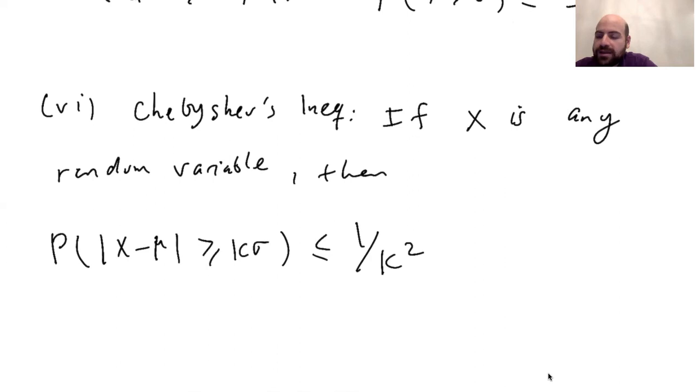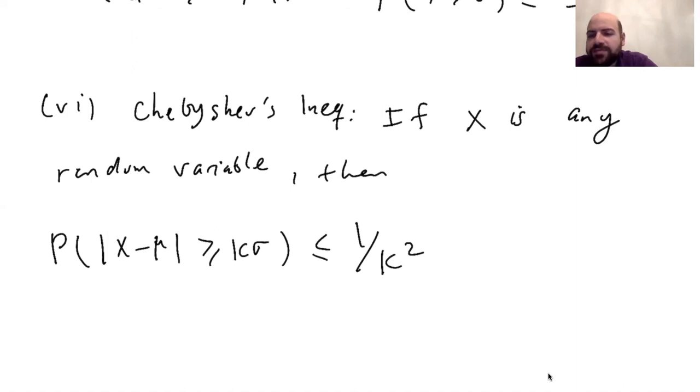So what is it saying? So it's absolute value X minus mu. Let's recall from high school that when we say absolute value, let's say A minus B, we are talking about the distance between A and B. So it says that the probability that the distance between X and mu is bigger than K sigma.